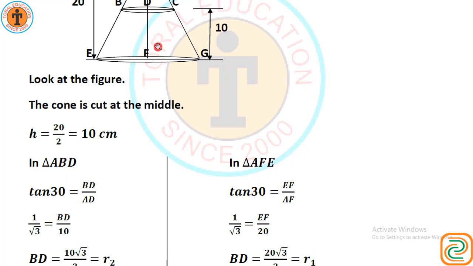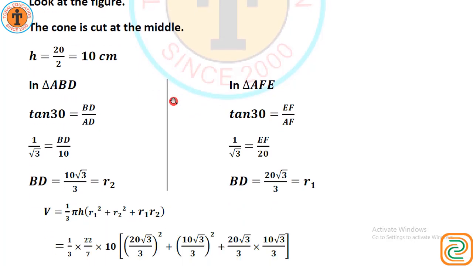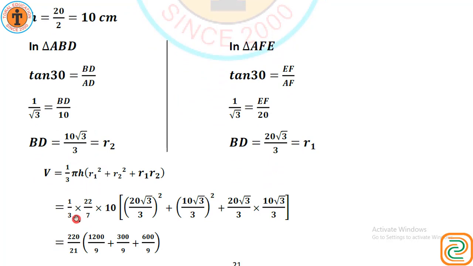This is a solid metallic cone. We have to melt it to draw a wire. 1 by 3, 22 by 7 into 10. R1 is 20 root 3 by 3, R2 is 10 root 3 by 3, square, and multiplication of both.